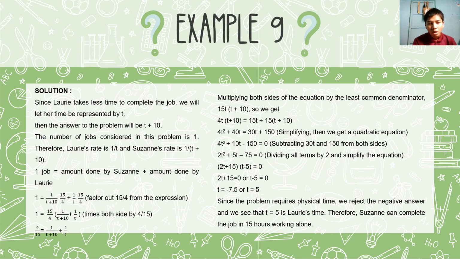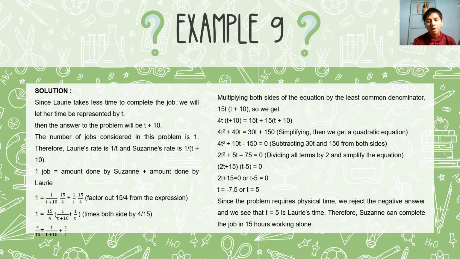So we got (2T plus 15) times (T minus 5) equals 0. 2T plus 15 equals 0 or T minus 5 equals 0. T equals minus 7.5 or T equals 5.